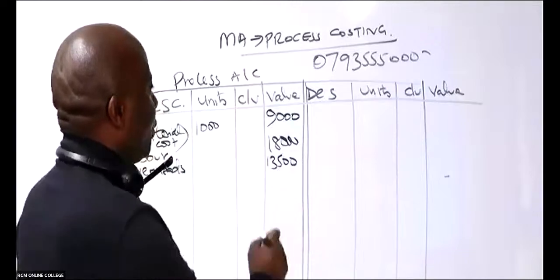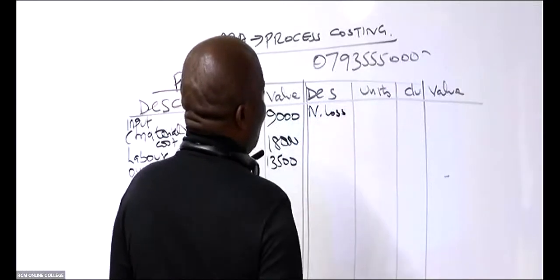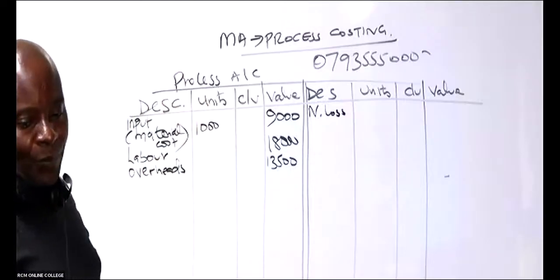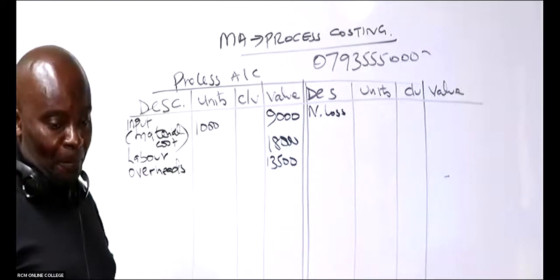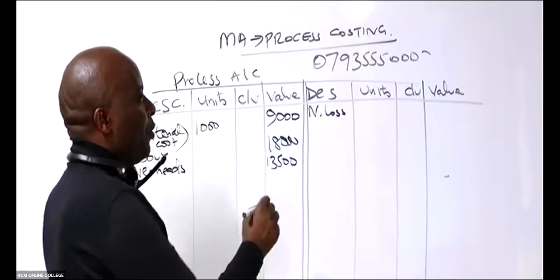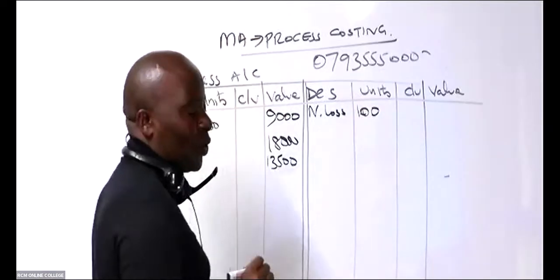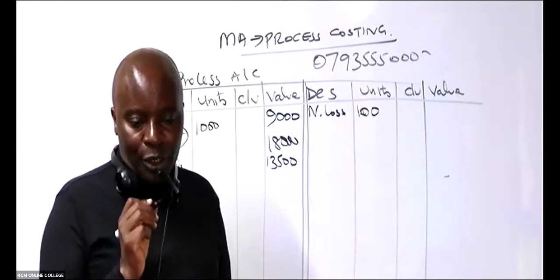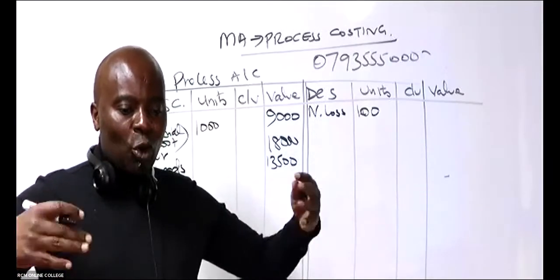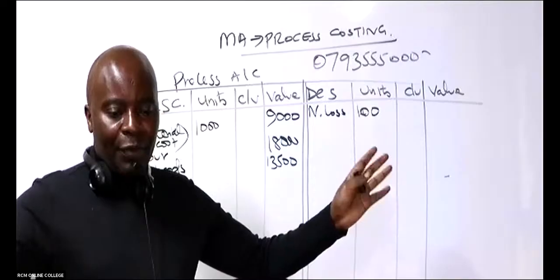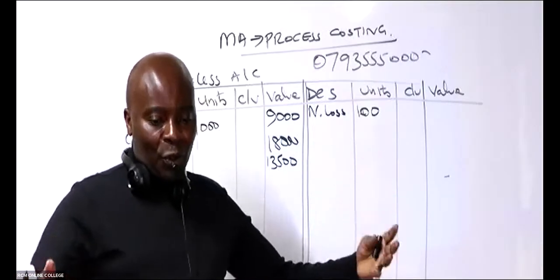And then we have normal loss. Are you able to remember the normal loss units? 100. What do we normally do with normal loss units? We scrap them, sell them at a throwaway price. If it is given there, we shall always sell them, so we multiply them by the scrap value.